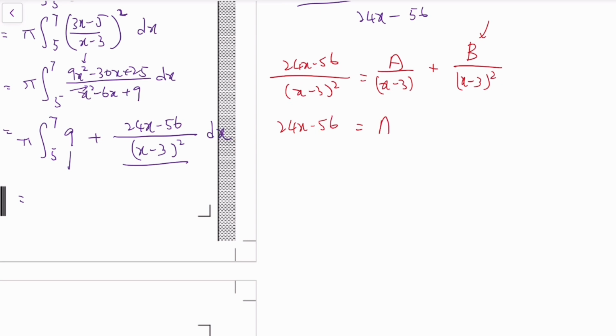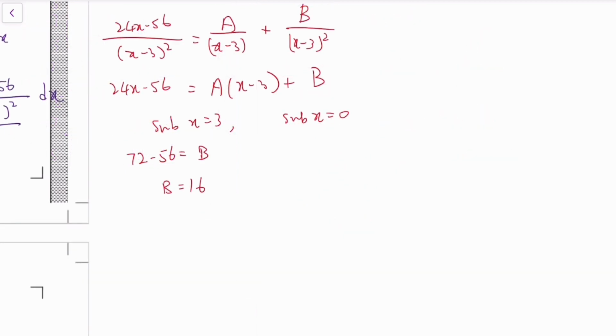So a(x minus 3) plus b, getting common denominator. So substitute x to be 3. So 72 minus 56 equals b. So we got b. And to get a, we can choose x to be 0 maybe.